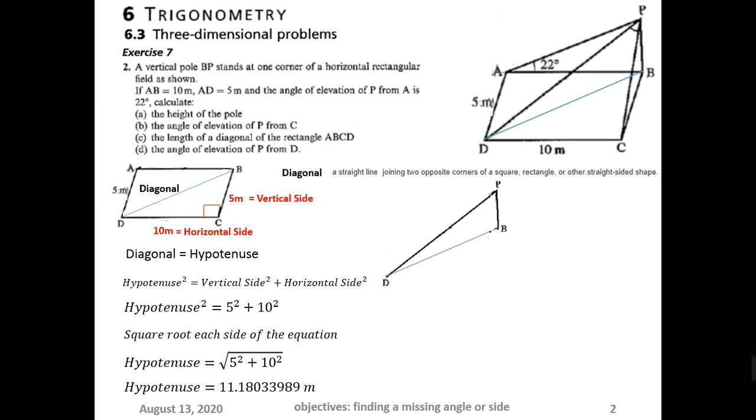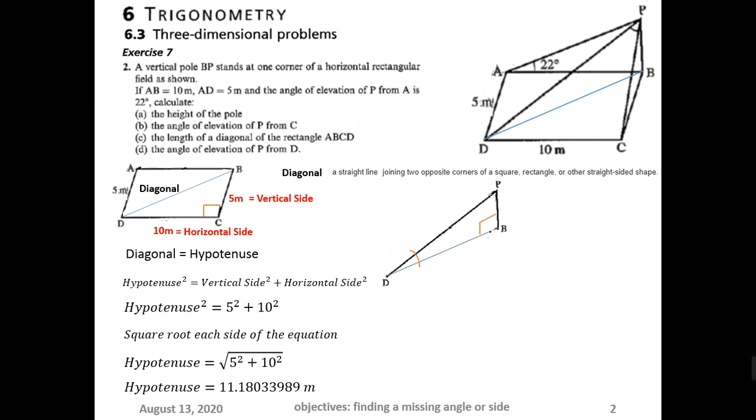Now let's go to the last section of the question. So they want the angle of elevation of P from D. Let's draw a sketch of the triangle that I'm going to calculate the angle for, which is this triangle. It's PBD, or we can name it as DBP. Now, this is the unknown angle from D, the angle of elevation of P from D. So that's the unknown angle.